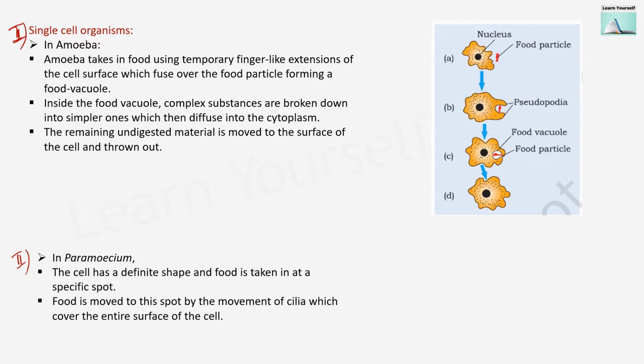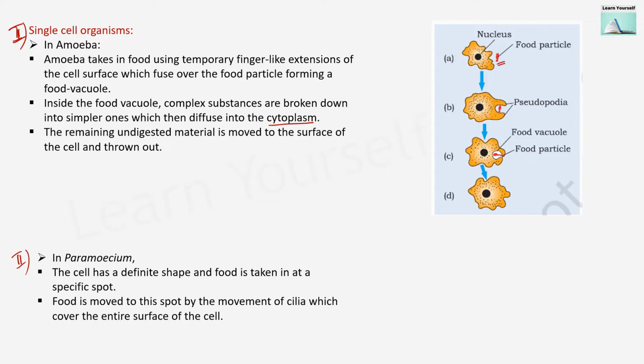As we can see in the figure, this is a food particle, then it will extend its pseudopodia. Pseudopodia means false arms, and then it will take the food particle into its cytoplasm and engulf it. Inside the food vacuole, complex substances are broken down into simpler ones, which then diffuse into the cytoplasm.